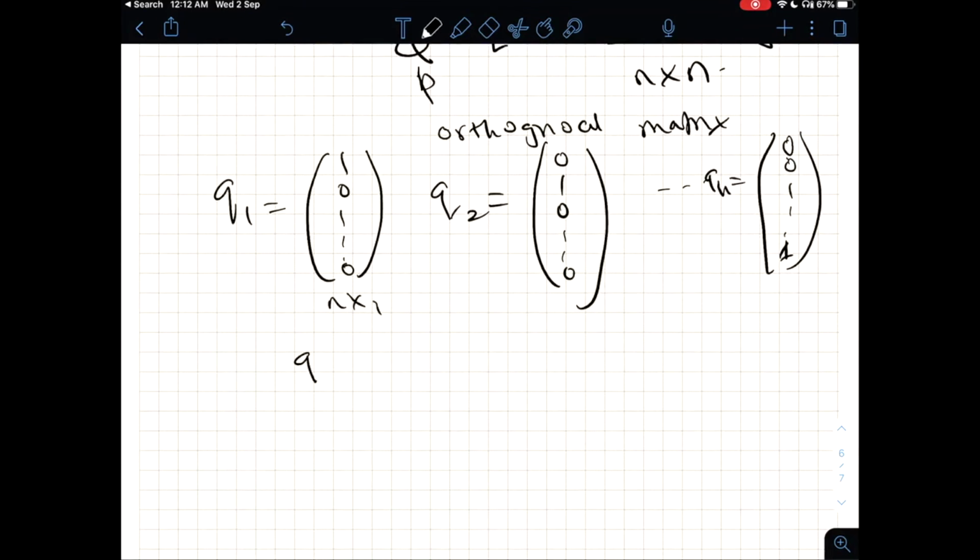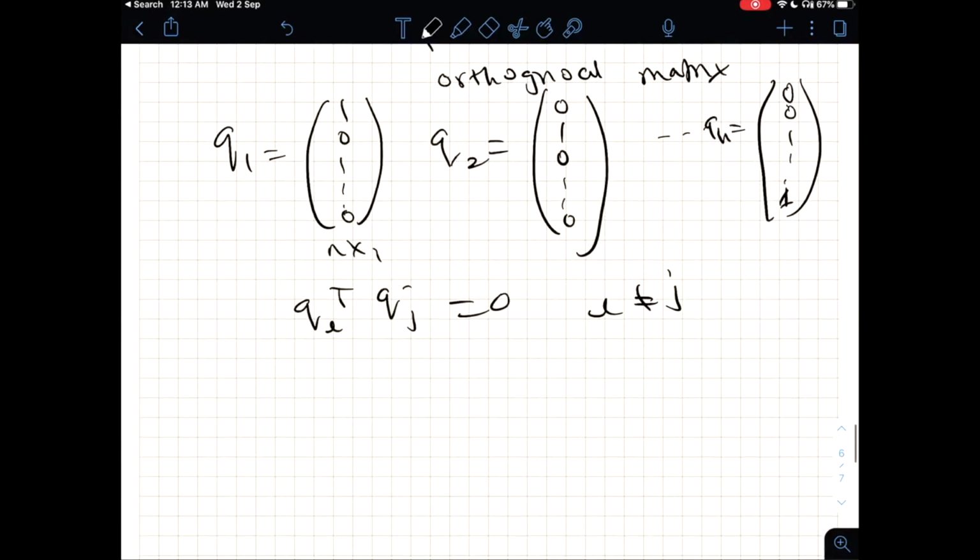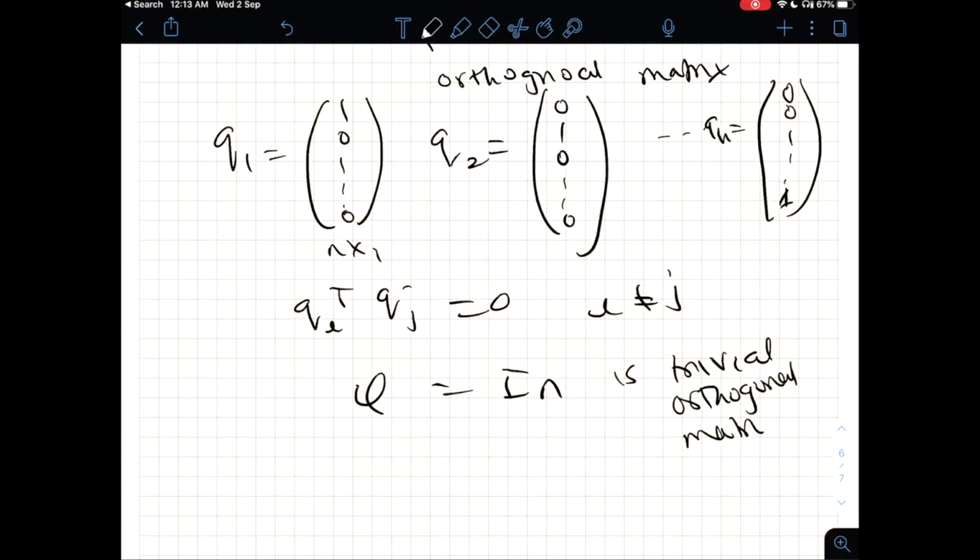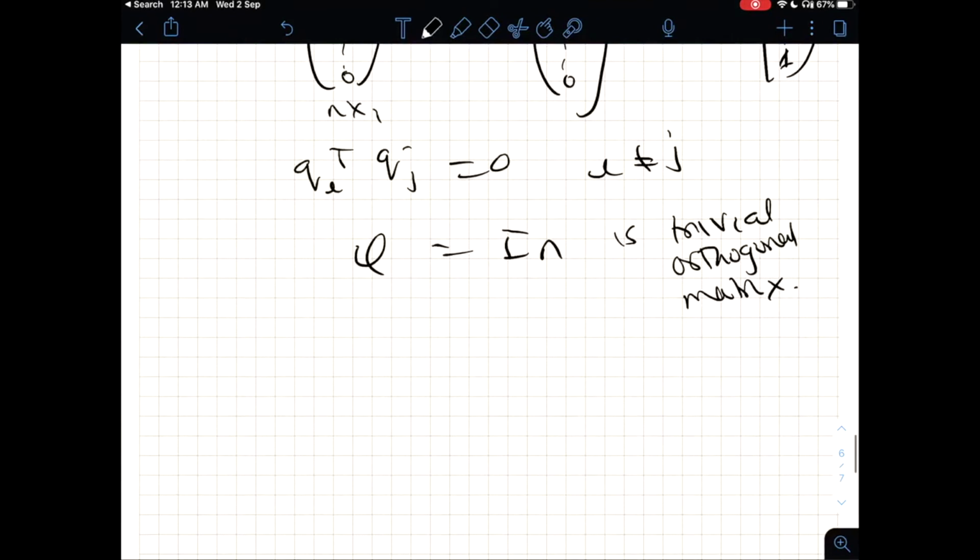Clearly, Qi transpose Qj is 0 if i is not equal to j. So Q equal to In is actually a trivial orthogonal matrix.